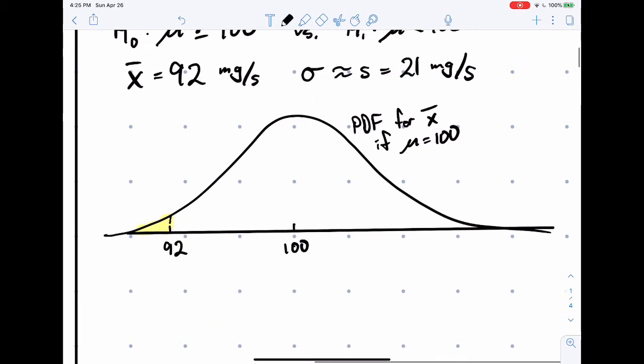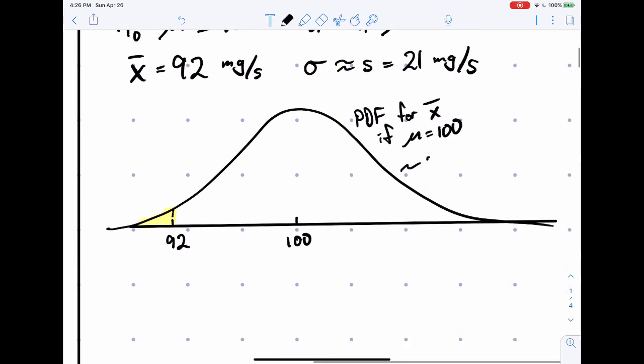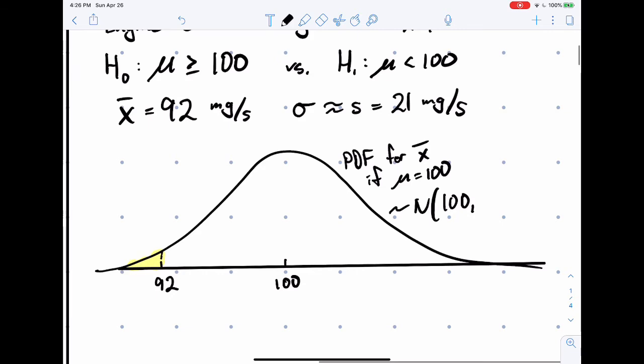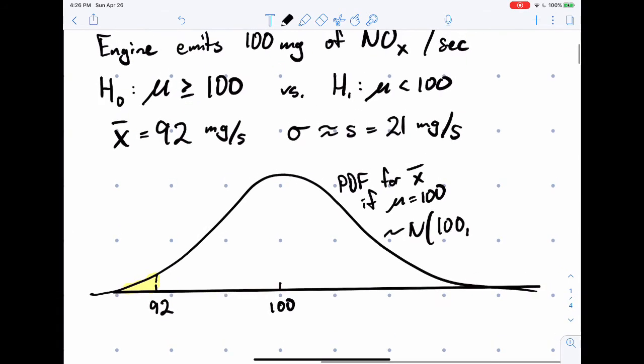So we have this PDF that we're looking at, distributed as normal with mean 100. And I forgot to say that it measures 50 engines.